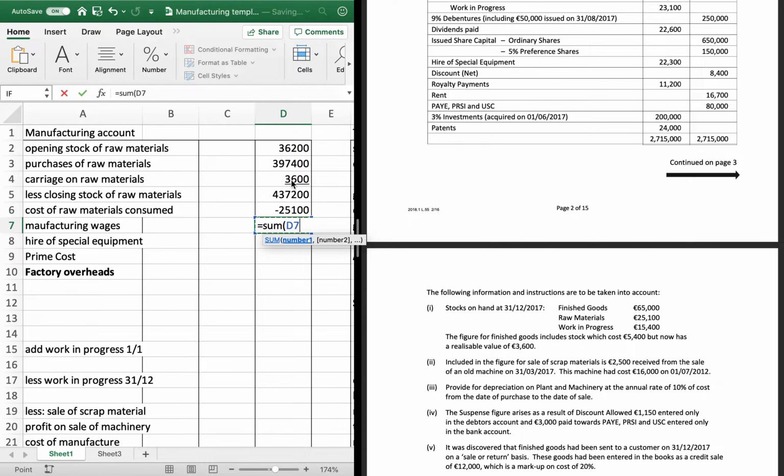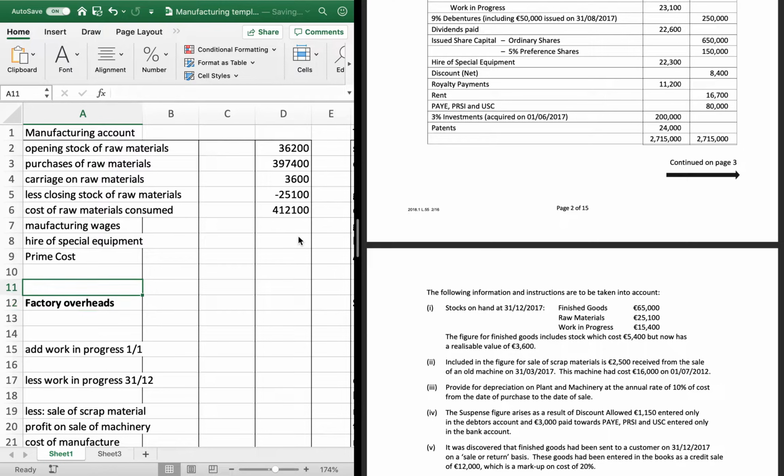How have I managed to do that? Carriage and raw materials. Sorry, there was no need for me to do that. So opening stock plus purchases plus carriage minus closing stock gives us our cost of raw materials consumed.